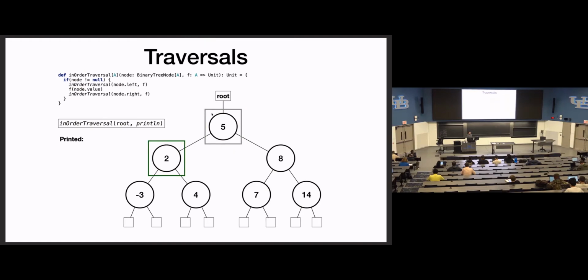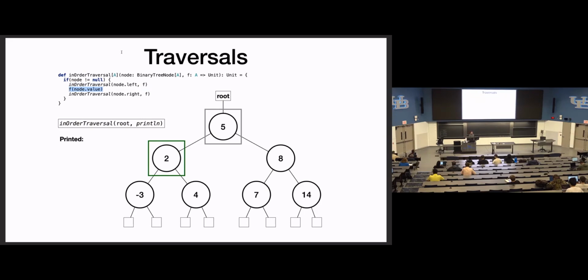This call here, where node is root, is sitting right here on in-order traversal on the left node. And that frame is still on the stack, waiting for this call to return so it can continue its execution and visit this node. So we haven't visited the node 5 yet.